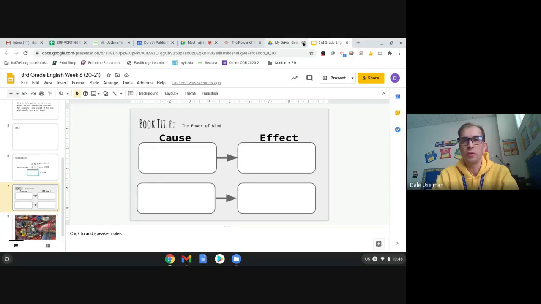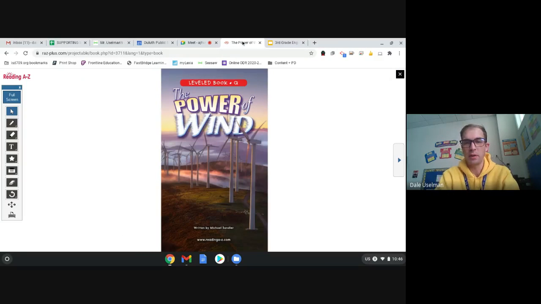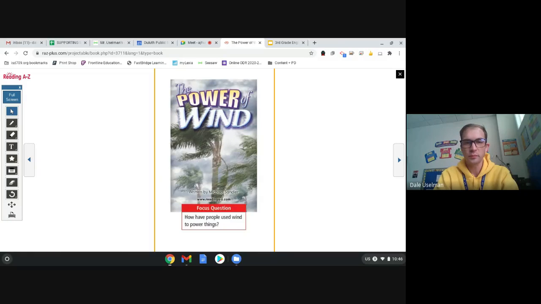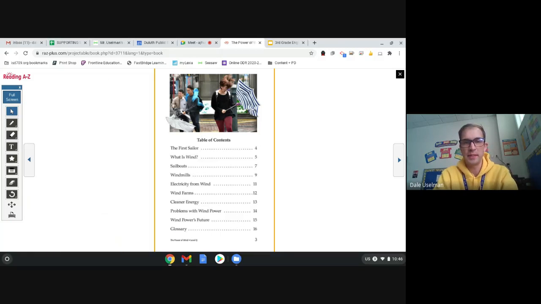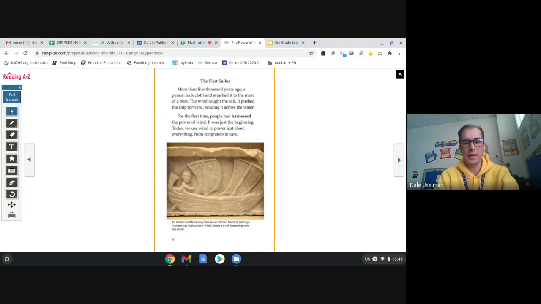I am going to share the book, The Power of Wind. You can go ahead and take a moment to take a look at the table of contents and start thinking in your head what we're going to be reading about. We're only going to read about the first half of the book today, just an excerpt.